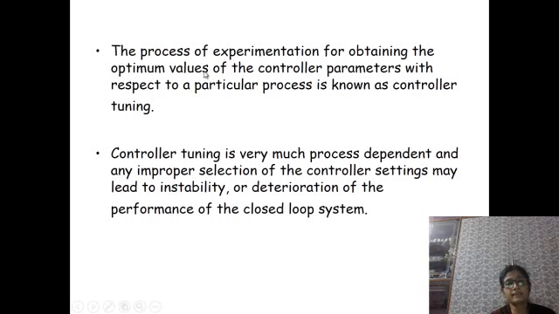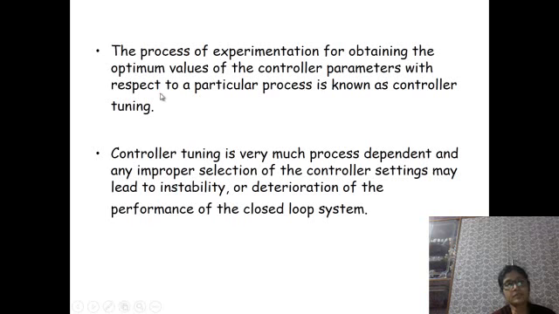So this is the process of experimentation, that is, the process of choosing the optimal values of the controller parameters. What I have already mentioned is that controller parameters mean, for proportional, the proportional gain or proportional band. For integral and derivative control systems, integral action time or derivative action time are the parameters.